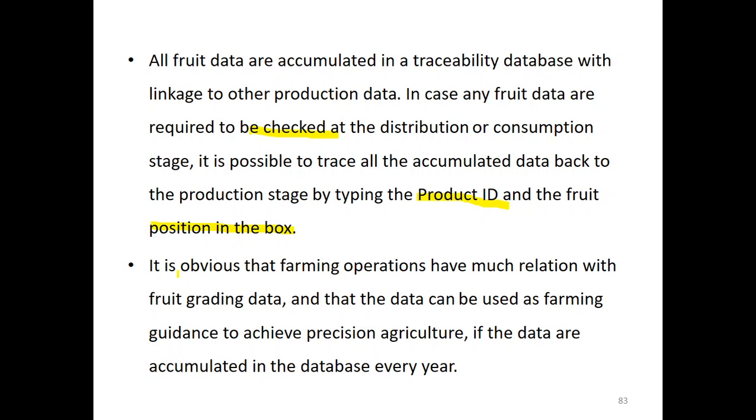It is obvious that farming operations have much relation with the fruit grading data, and the data can be used as farming guidance to achieve precision agriculture. If the data are accumulated in the database every year, then after we collect a lot of data on your product, the farmer can make very useful use of this information to improve their quality and efficiency of production.